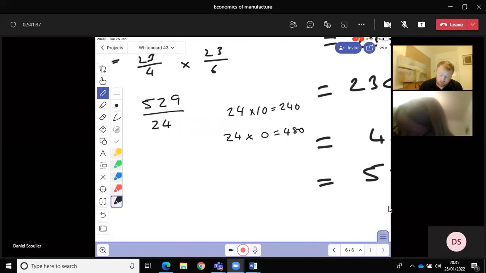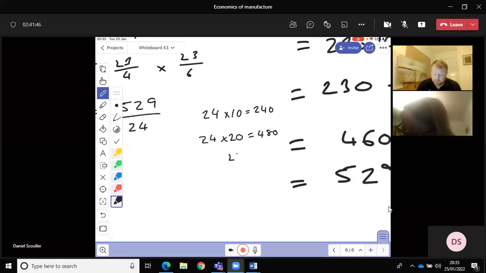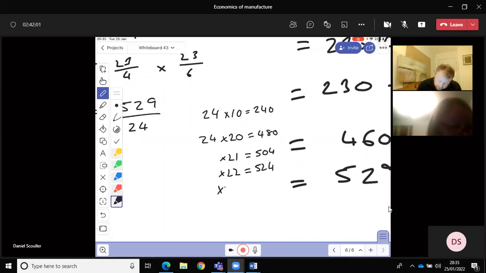Now there'll be nothing more complicated than that. So we've got 24 times 20, which is 480, times 21 would be 504, times 22 would be 528, my god, times 23 would be 548.